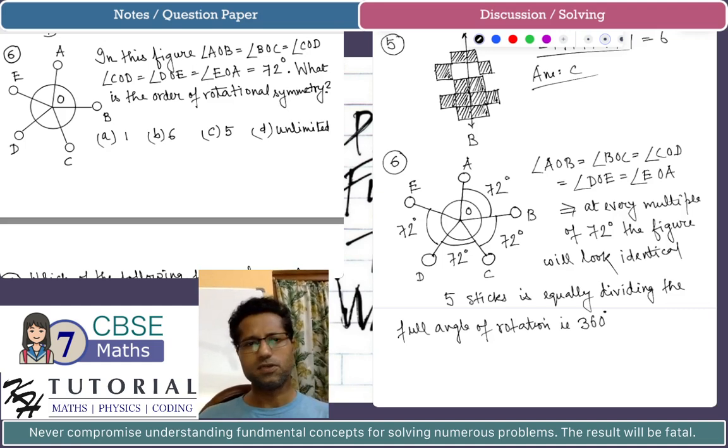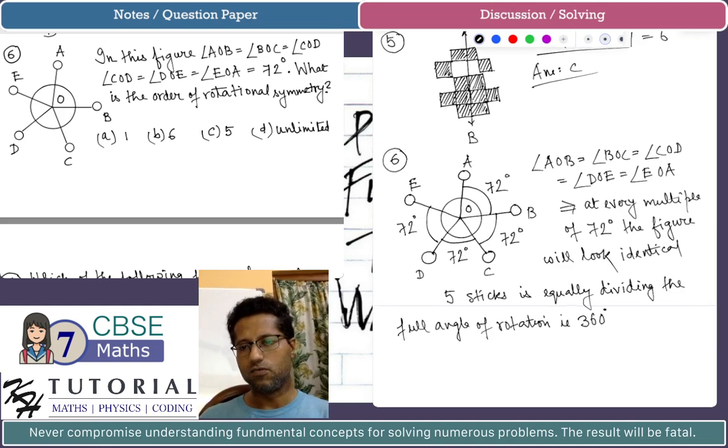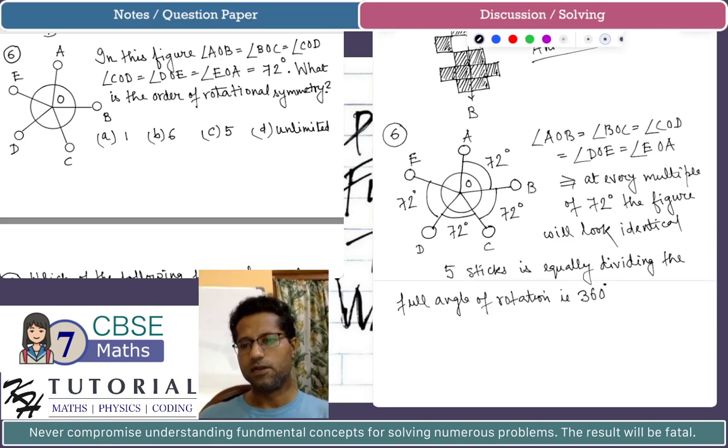You must have learned in your previous class in lines and angles that the sum of angles about a point is equal to 360 degrees. So the 5 sticks, 1, 2, 3, 4, 5, are actually making 5 angles about the point O, that is the center of the circle. So 5 sticks are equally dividing the full angle of rotation, that is 360 degrees.